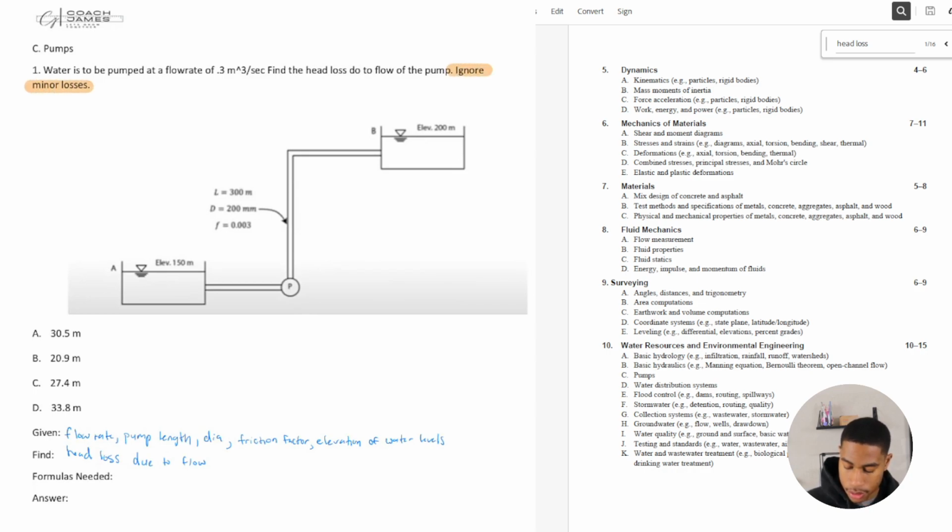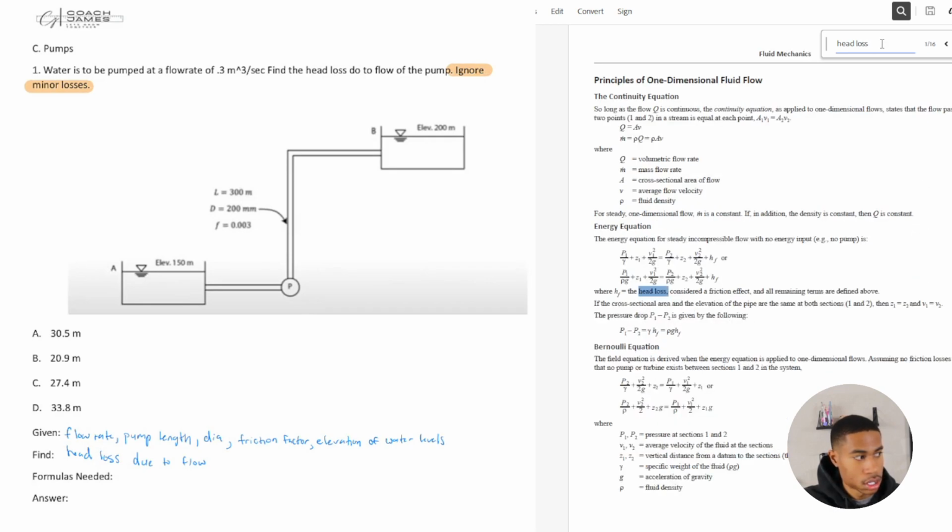Okay. So what formulas do we need? Well, I'm going to search head loss. Okay. HF is the head loss. Okay.